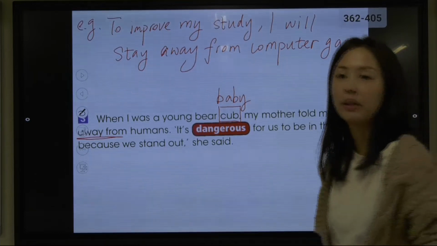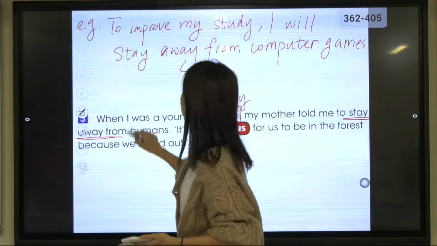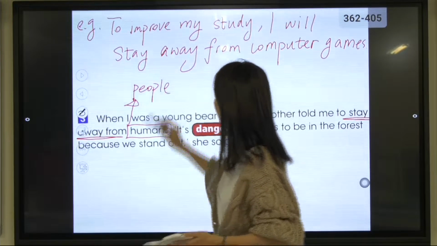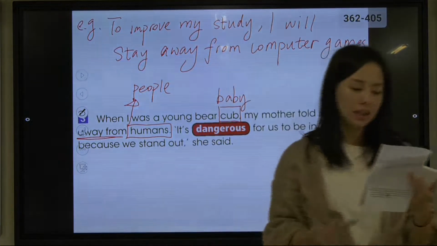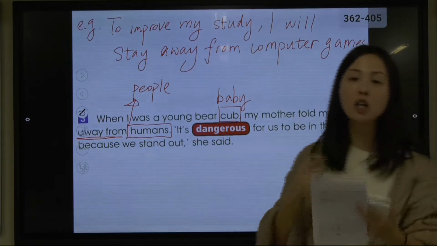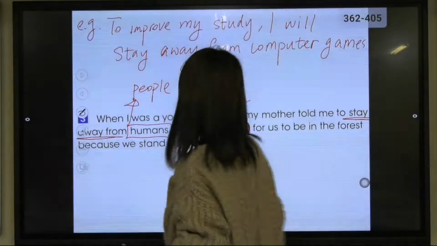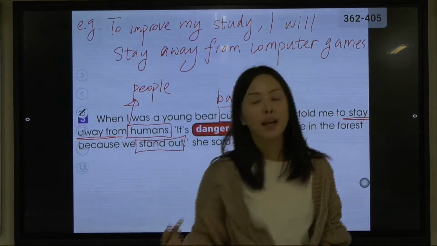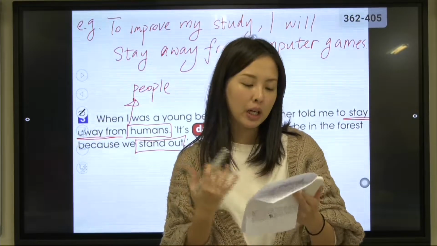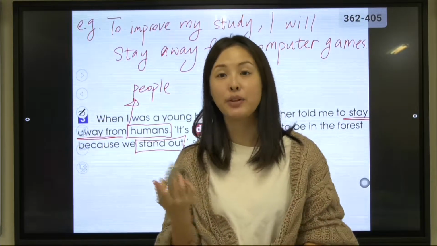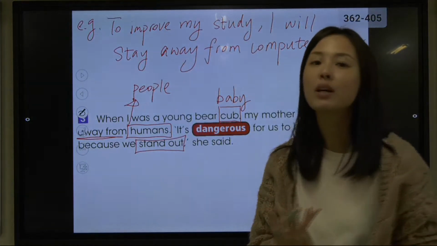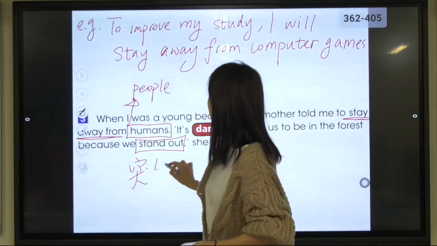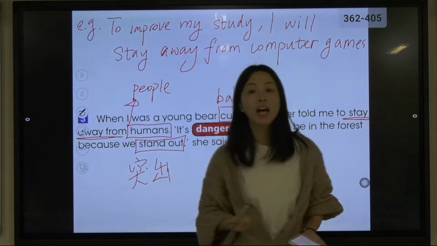Humans. So what is human? It means people. Okay, people, human. It is dangerous for us to be in the forest because we stand out. What is stand out? Stand out. So because we are bears, okay, we are white bears with white fur, 白色嘅. So in the forest, we stand out.